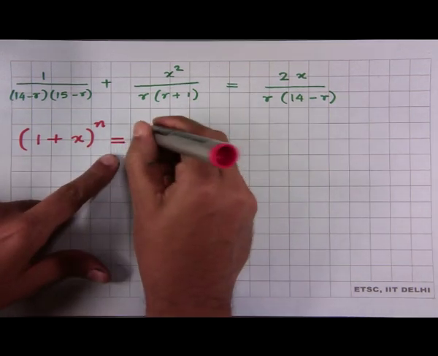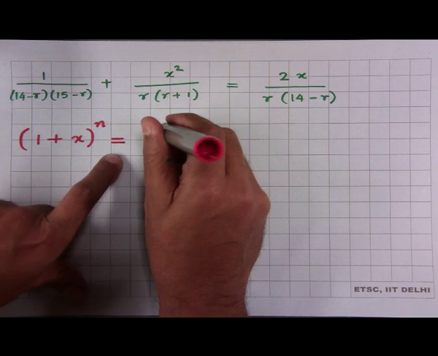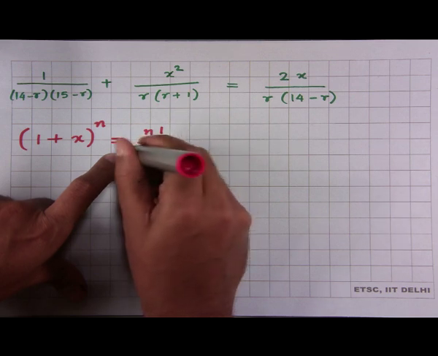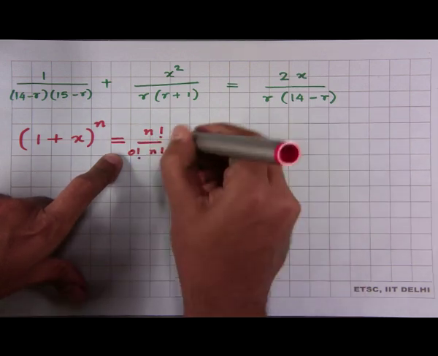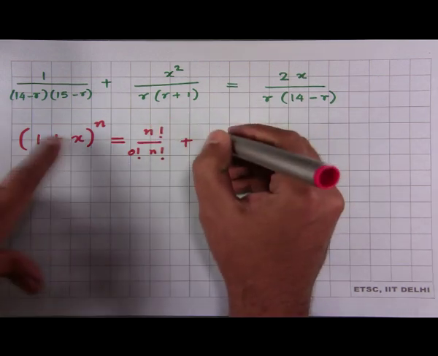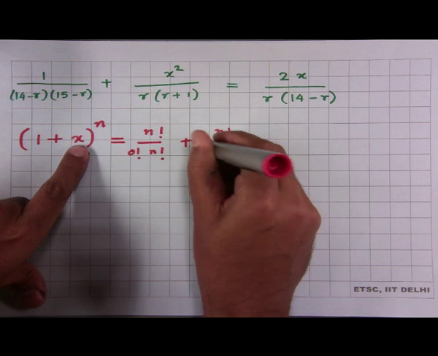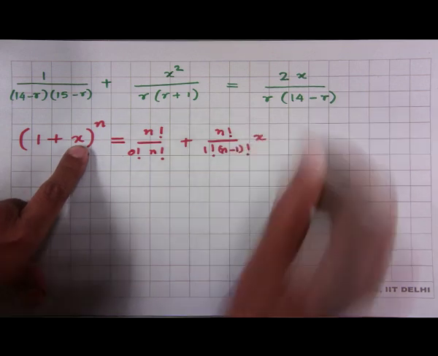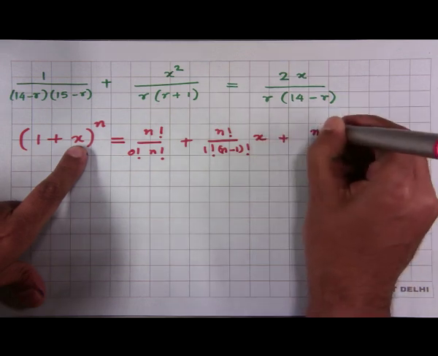So, this is going to be equal to n c 0, and what is n c 0? Factorial n by factorial 0 factorial n, plus n c 1 times x, which is factorial n by factorial 1 factorial n minus 1 times x, plus n c 2 times x squared.